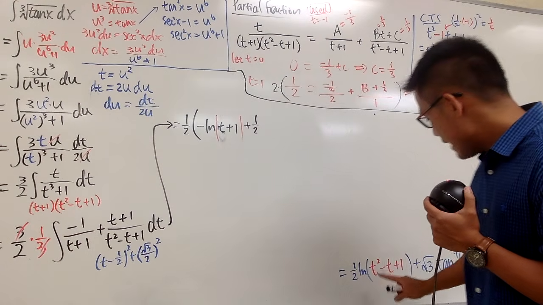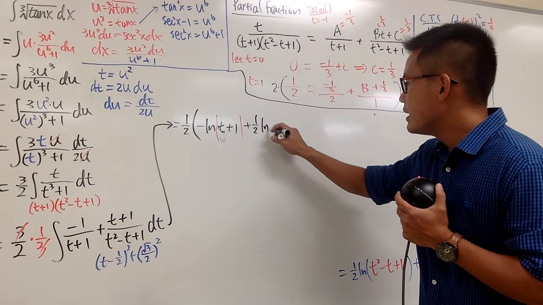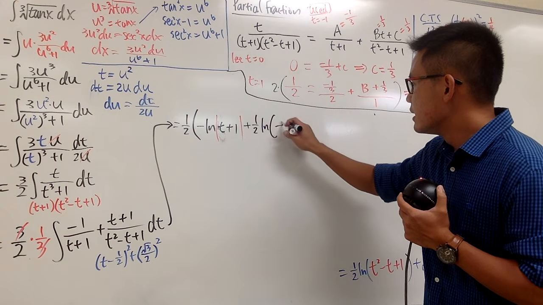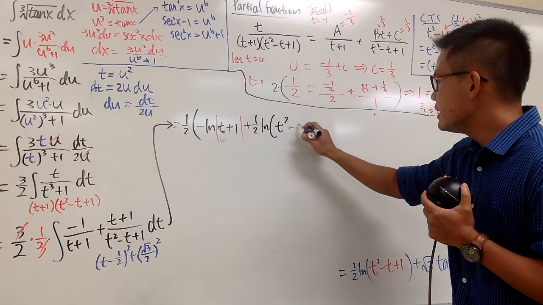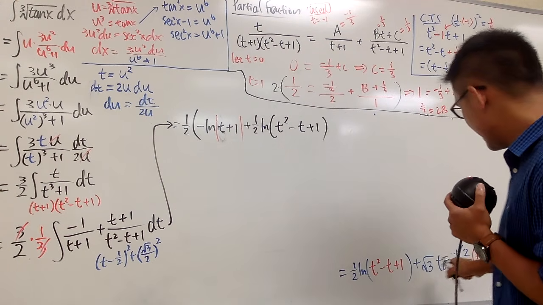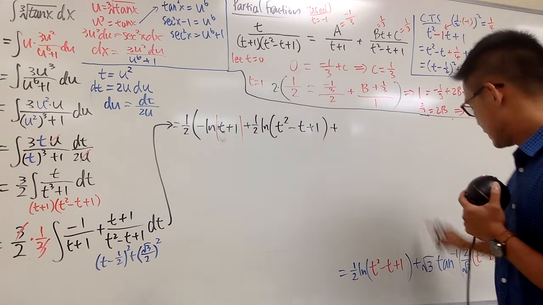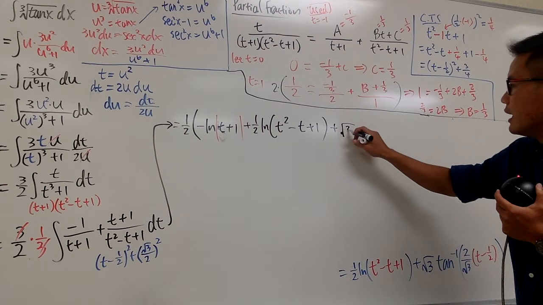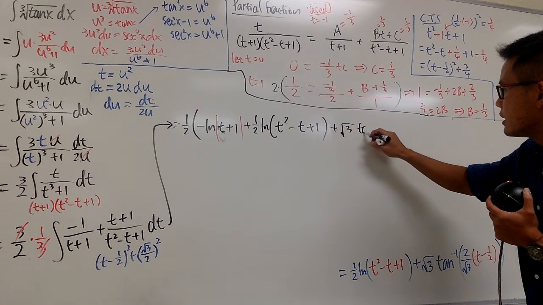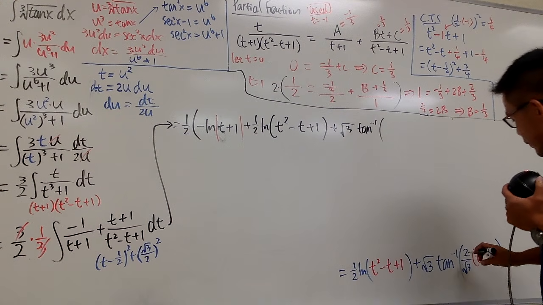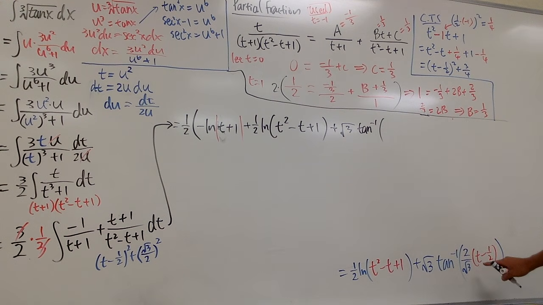Anyway, 1/2 ln of the parentheses t squared minus t plus 1, and then plus square root of 3, and then the inverse tangent of 2 over square root of 3. And perhaps if you prefer, let's just distribute.